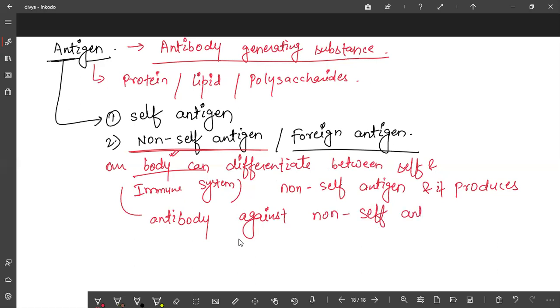So generally our body produces a response, or you can say antibodies, against non-self antigen.